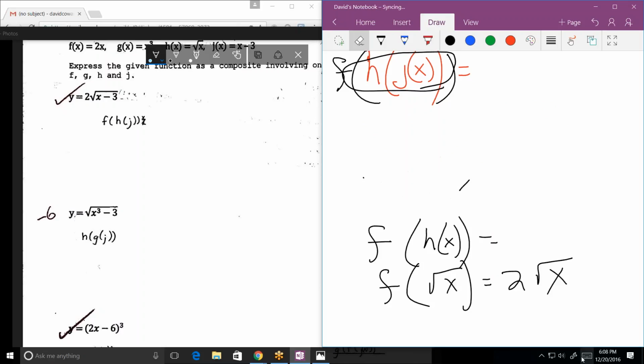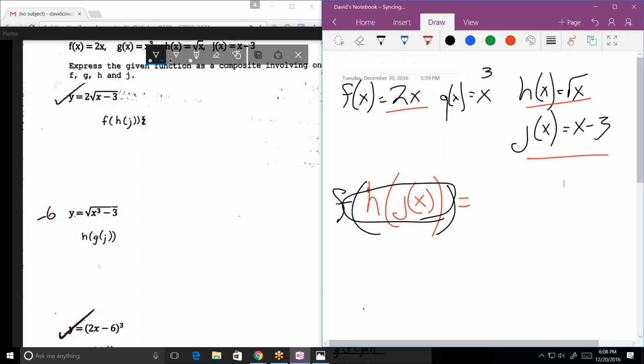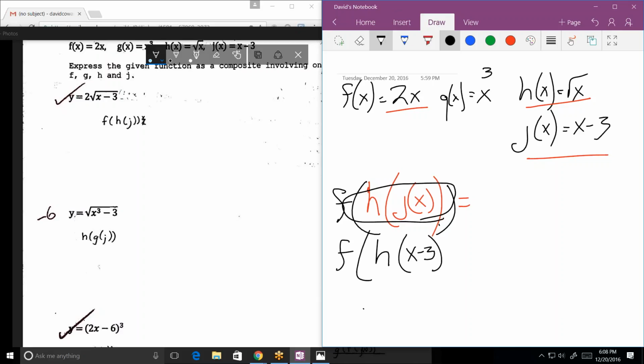Don't do these any way but one step at a time. I erased all that so I could scroll back up so you could see the original functions. So, start from the inside. We've got f. I think this is the answer. Let's see if it is. We've got f of h of, and then for j of x, let's plug in x minus 3. So what's that equal to?